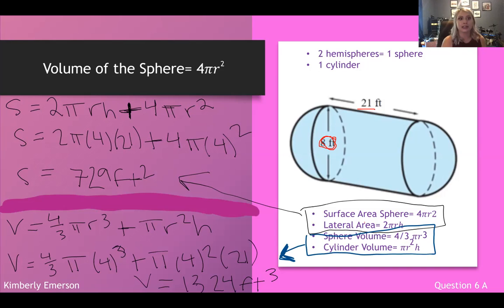So volume equals 4/3 pi times our radius, which is 4 cubed, plus pi radius, which is 4 squared, times our height, which is 21. So volume would equal 1,324 feet cubed. And we did cube because that's what our measurements are. When we're talking about volume, we are talking about cubed, our 3D object.